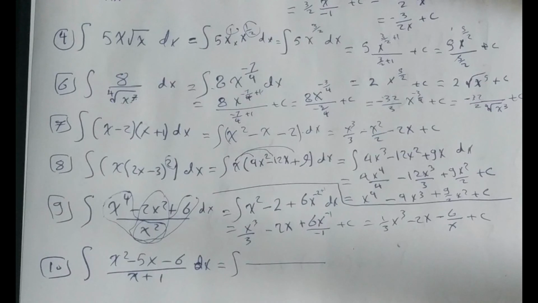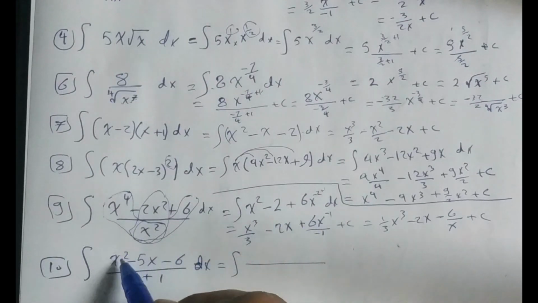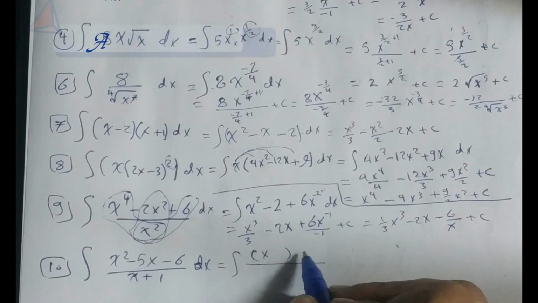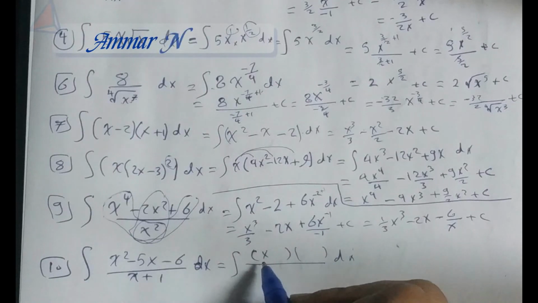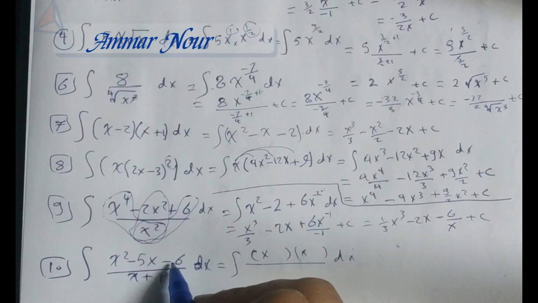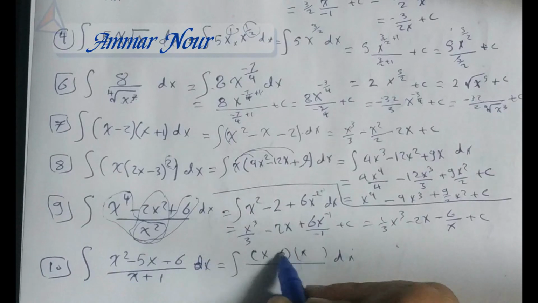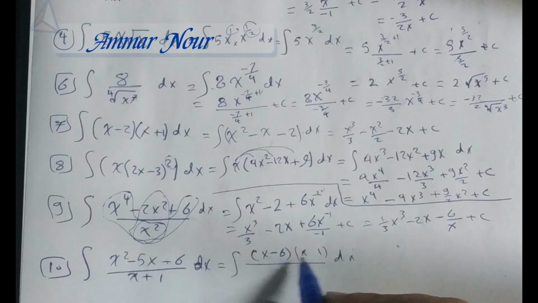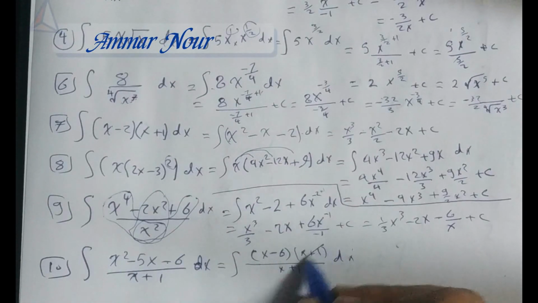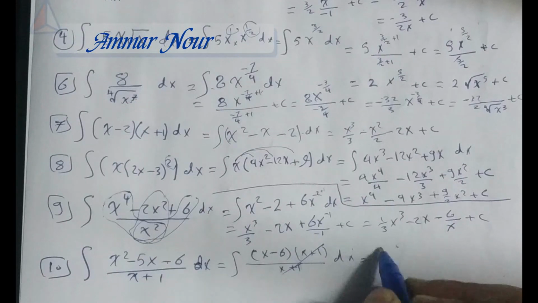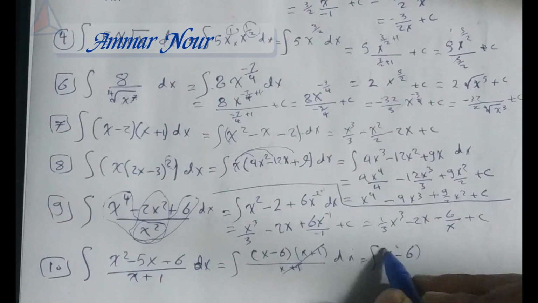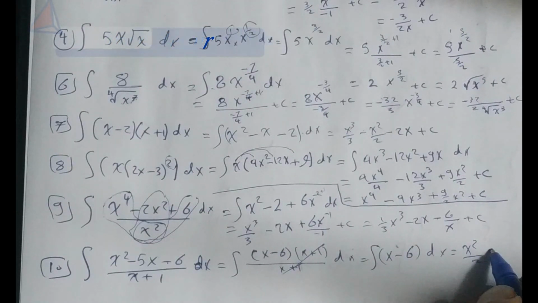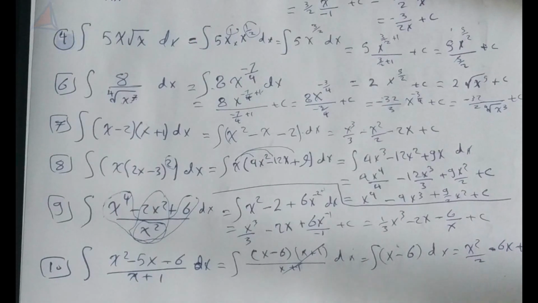Try to find it easily before doing anything else. x squared minus 5x minus 6, we can factorize it. x and x, find two numbers whose product equals 6 and whose difference equals 5: 6 and 1. The greatest number takes the sign at the middle, negative times negative equals positive, x plus 1. Now we can reduce the function to x minus 6, dx, and the result will be x squared over 2 minus 6x plus constant. And thank you.